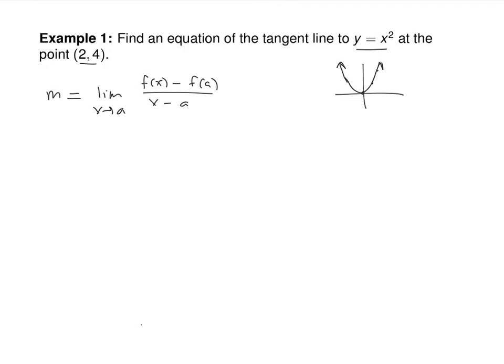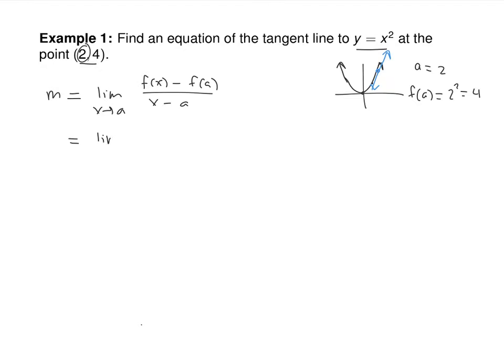And we're trying to find the equation of the tangent line at that point. So what is the a value in this example? The a value is 2, because a is the x. Okay, what is f of a? 4. 2 squared or 4.